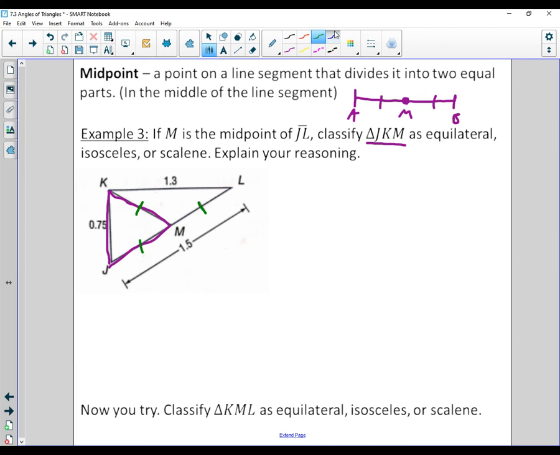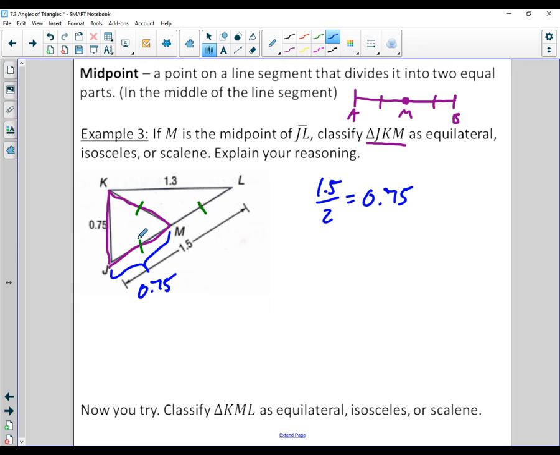Now, if this whole length is 1.5, then this length here better be 0.75, right? Because the midpoint cuts it in half, so 1.5 cut in half is 0.75. Which, if you're thinking quarters, not a big deal, right? $1.50 cut in half is 75 cents.